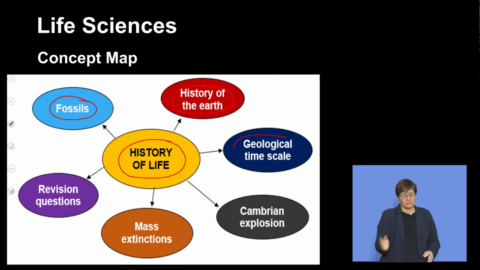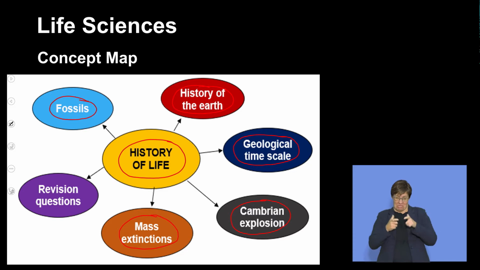Then we took a look at the geological time scale and how it illustrated the Cambrian Explosion. Then we looked at mass extinctions, and I'm going to revise all of those today, and we're going to have a look at some revision questions.